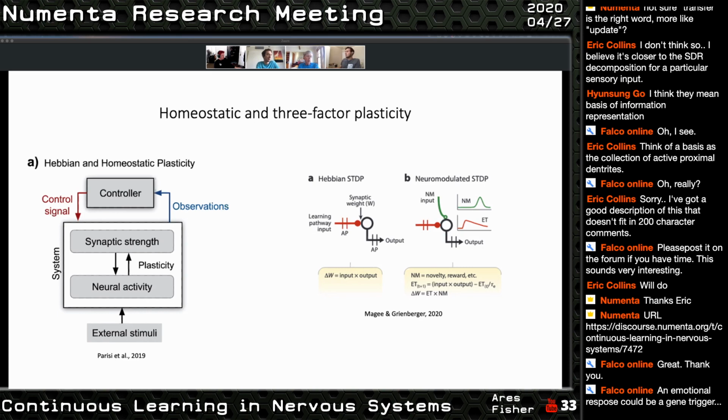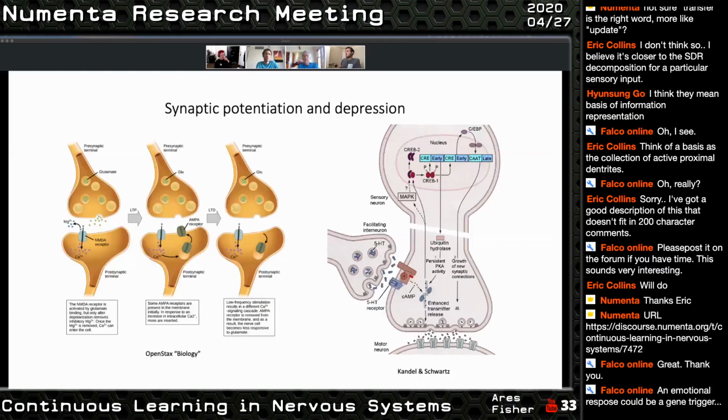There's one aspect of these molecular things that could be important for continuous learning, and I'm not sure if you were going to go into it, Aris, or not. In our models, we have this notion of permanence, where some synapses are just going to be really, really hard to unlearn because they're important for some reason.